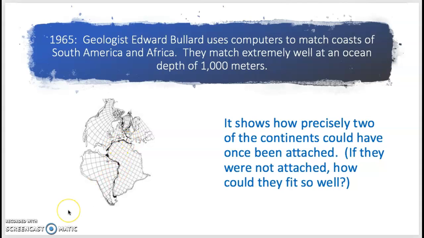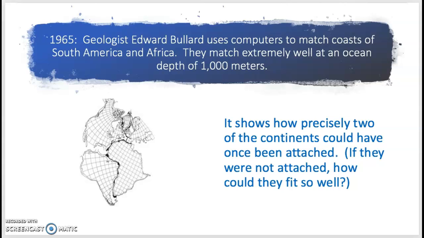So what he found is, if they took a picture of the continents and used sonar to map the ground underneath the water, not only do the edges of the coastlines fit, but underneath it's really close. And so that showed how precisely two of the continents could have once been attached. Because otherwise, why would they fit so well? It was just kind of connecting the dots.